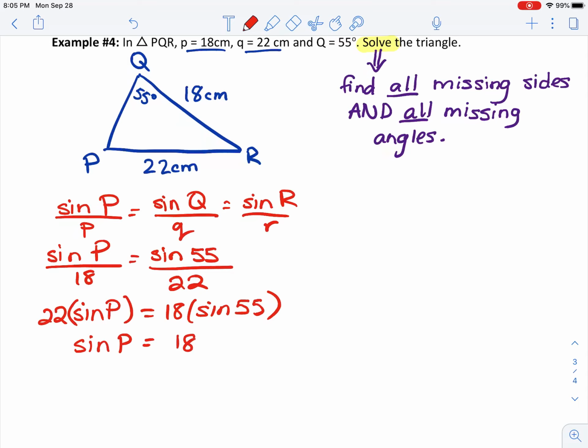And divide by 22. So I'll show you the other way to do it because last time I put it on my calculator. I'm just going to do this: 18 times sine 55 equals, divide by 22 equals.